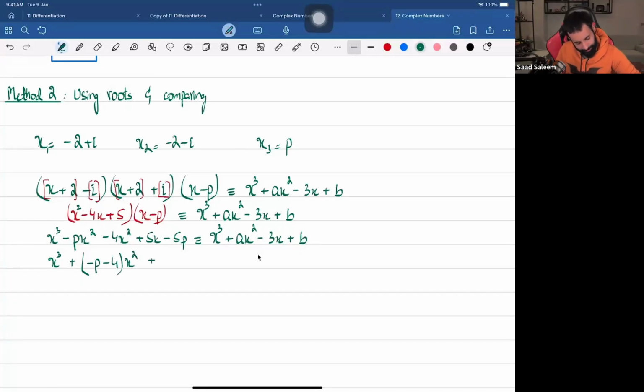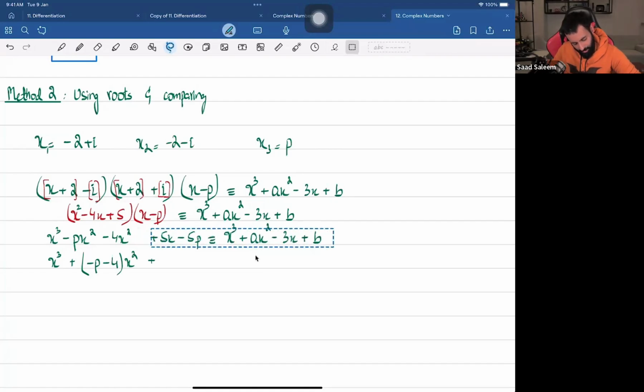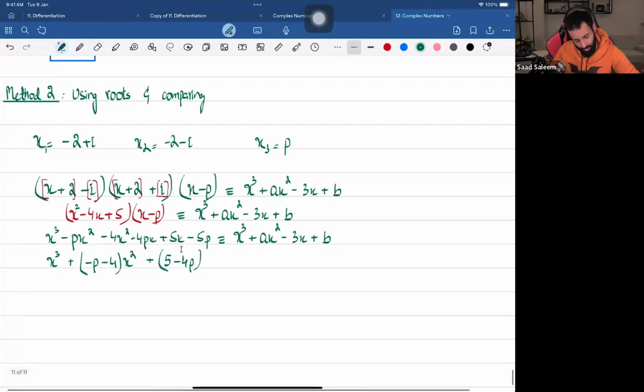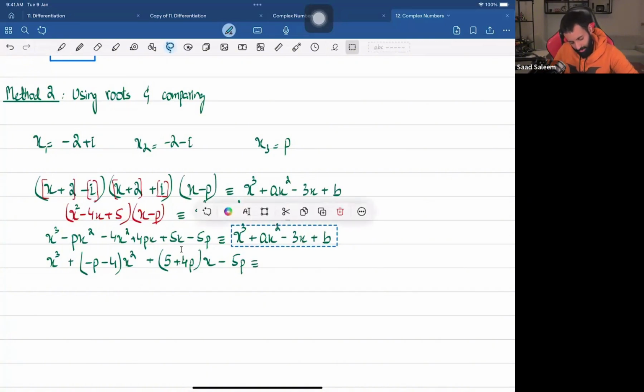Then we have 5 plus 4p, which is the coefficient of x, minus 5p, which is once again identical to this.